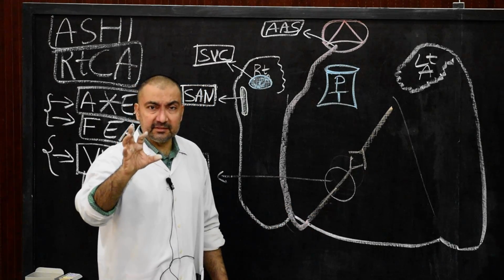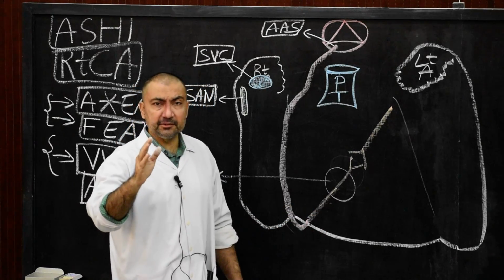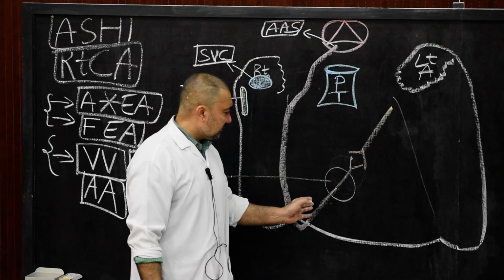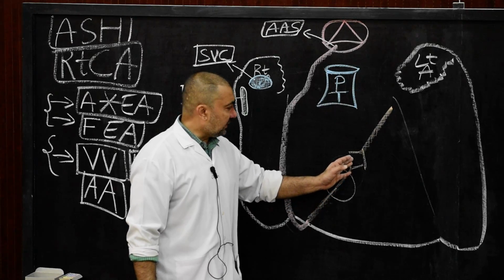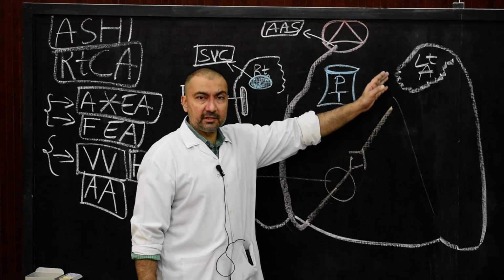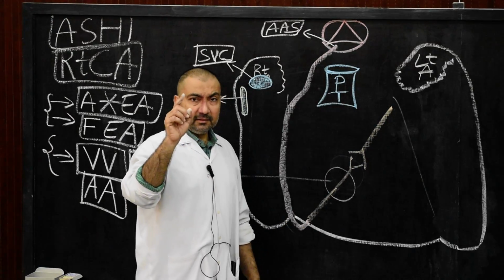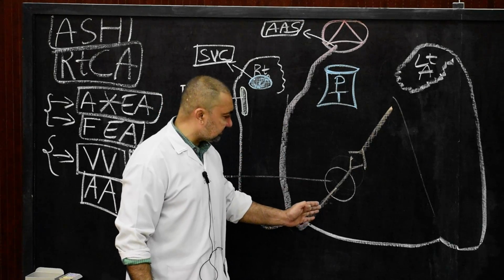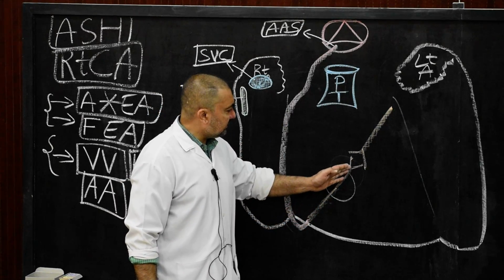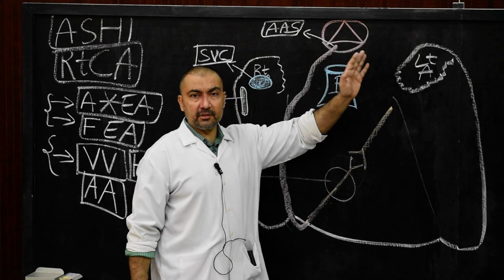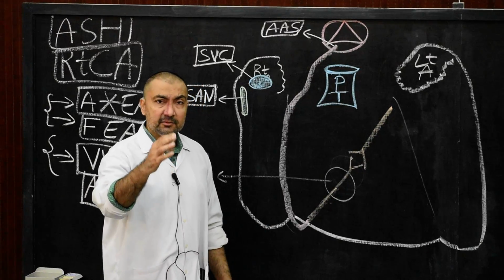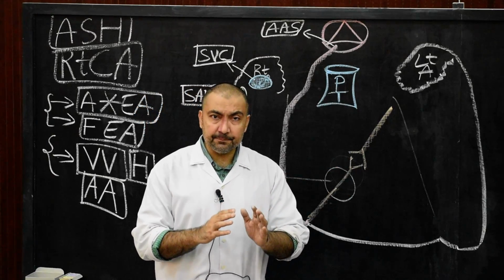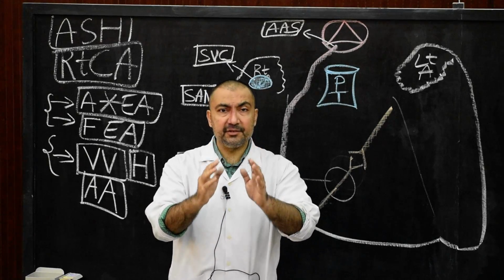Now the remaining 20% is left. In the remaining 20% of cases, the right coronary artery will traverse the entire posterior part of the atrioventricular groove. This is how the right coronary artery will terminate: 60%, then 10%, then 10%, and then 20%.